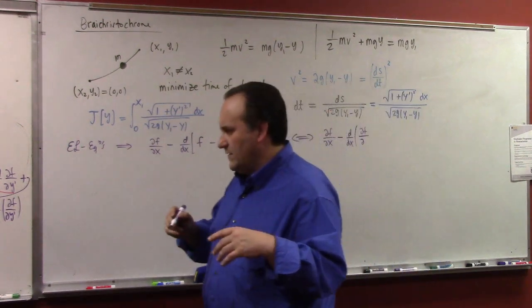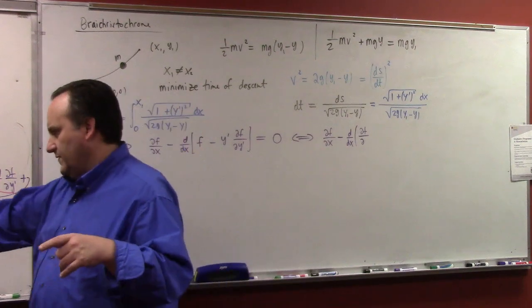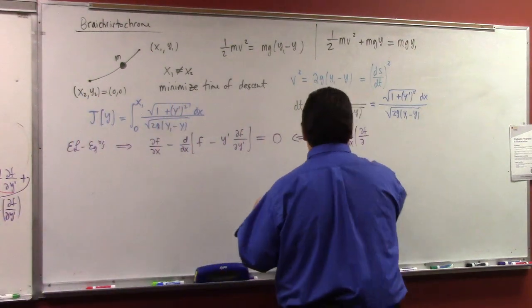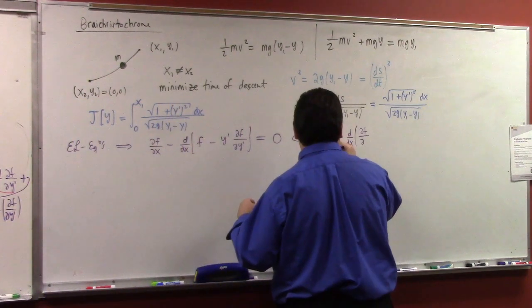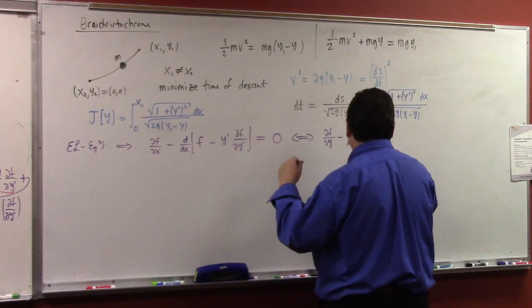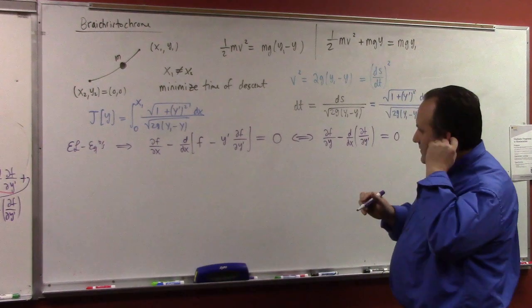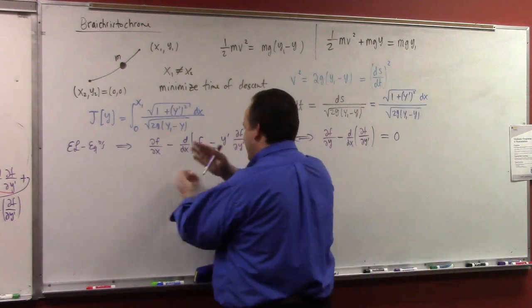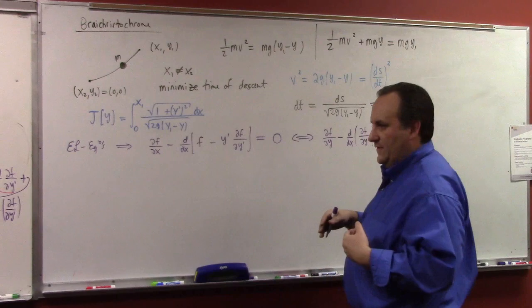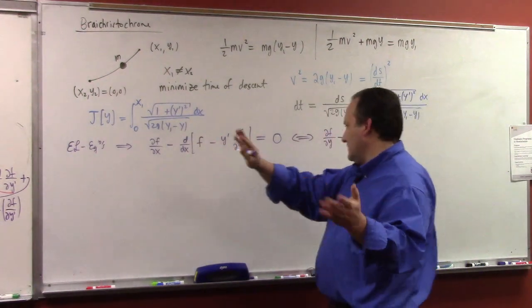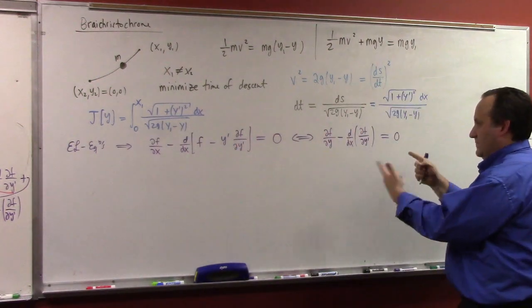In this context, the Euler-Lagrange equations would be partial f partial y, my bad, partial f partial y minus d/dx of partial f partial y prime is equal to 0. Allegedly, if you differentiate this, you can get to here.